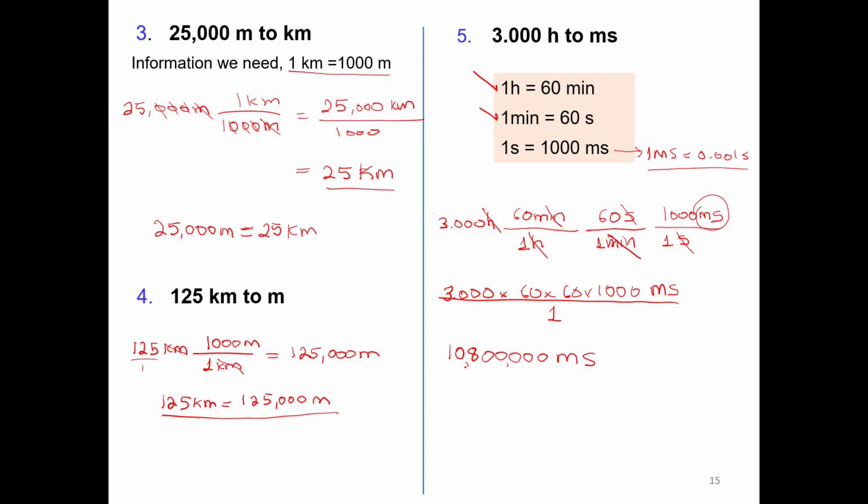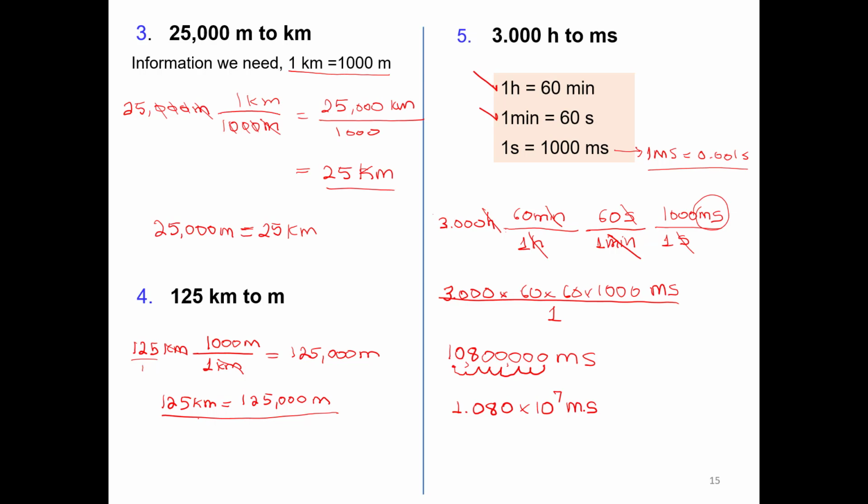Because it's a big number, we can write this in scientific notation, just to practice. We want the decimal point here. How many places do we need to move? 1, 2, 3, 4, 5, 6, 7. And it's a big number, so we know the power of 10 must be positive. Then 1.08, and I need one more 0 because we need to give the answer with 4 significant digits, times 10 to the power 7.